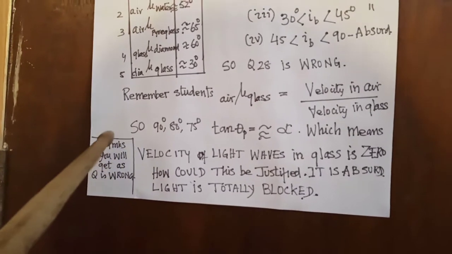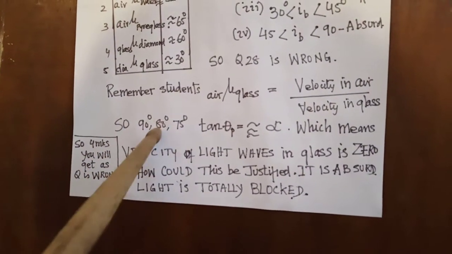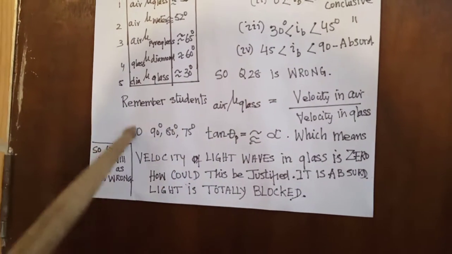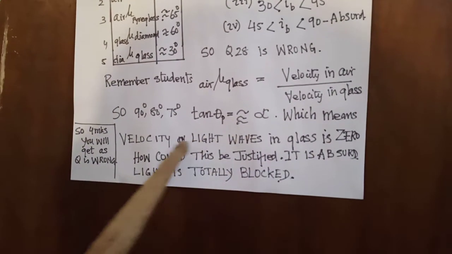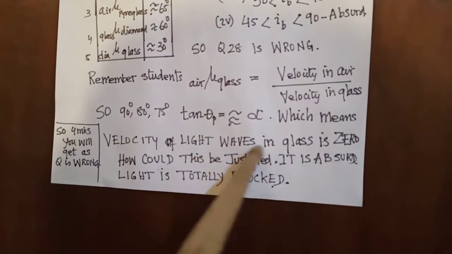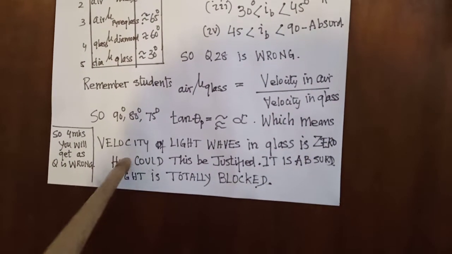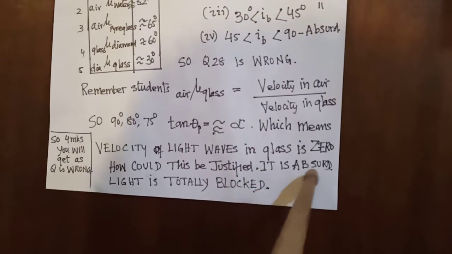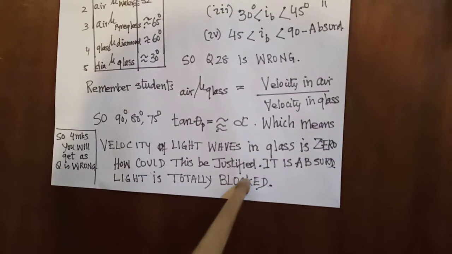So, dear student, you have seen here that 90, 80, 75 are not possible because the tan of this angle approaches infinity. So here, the velocity of light waves in glass is 0. How could this be justified? So it is absurd, so light is totally blocked.